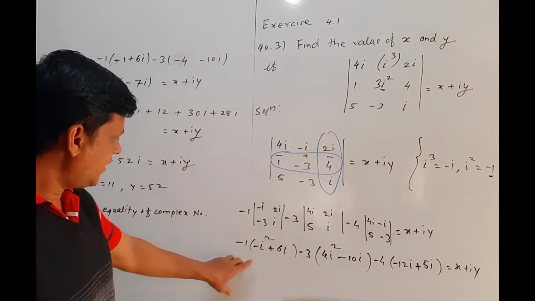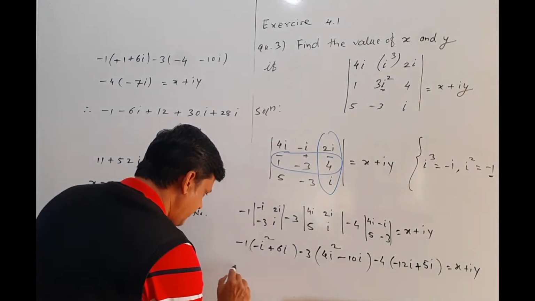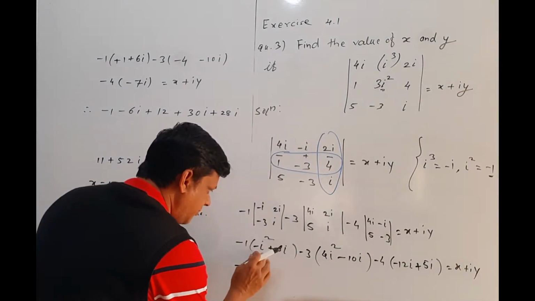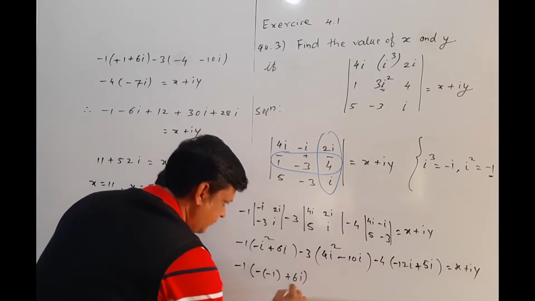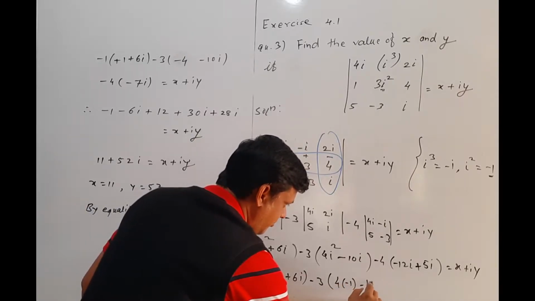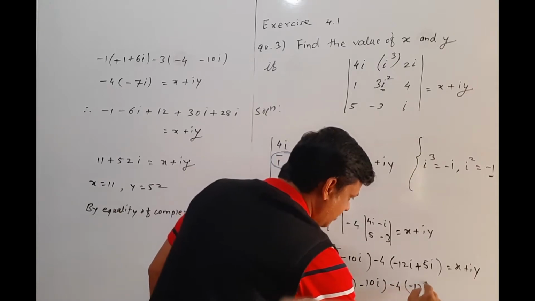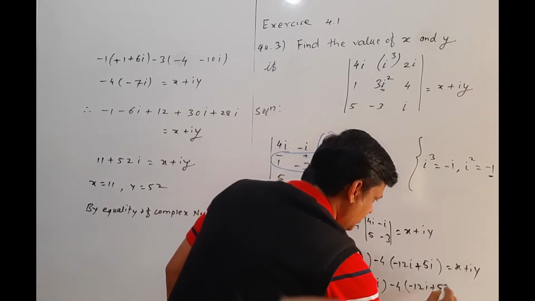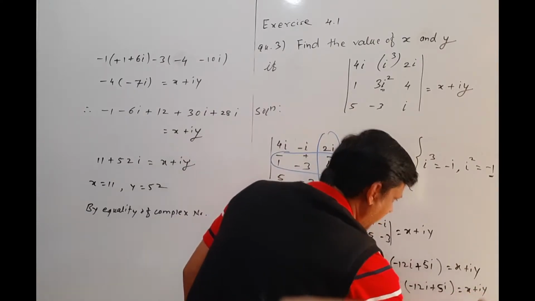Now we have to replace i² by minus 1. So you can add one more step: replace this i² by minus 1. Minus 1 into bracket minus 1, plus 6i, minus 3 in bracket 4 into minus 1 minus 10i, minus 4 in bracket minus 12i plus 5i, is equal to x plus iy.